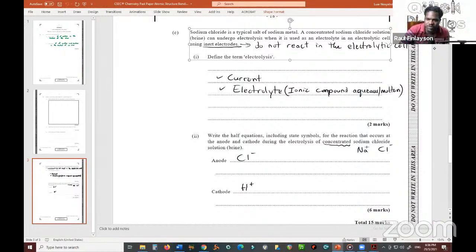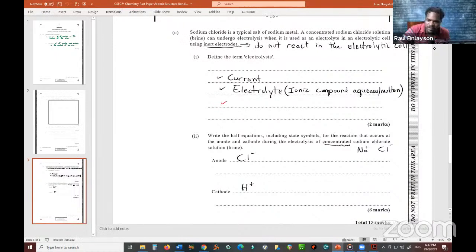And I said that when you're defining electrolysis, guys, remember to include the term current and of course electrolyte in molten or aqueous state. It's electric current separating. That's the key thing here, separating.